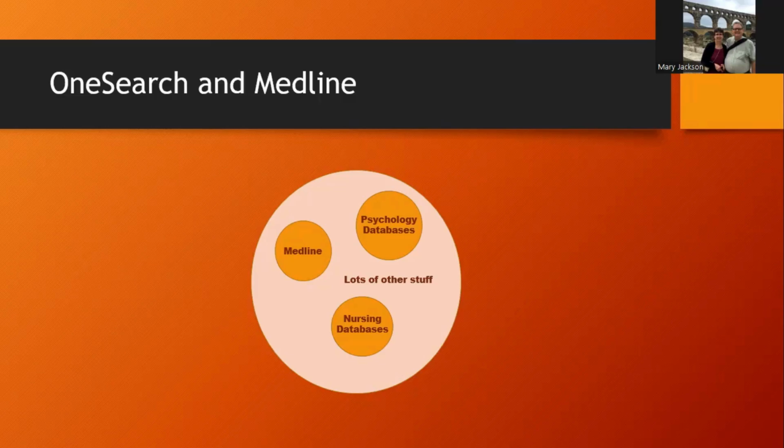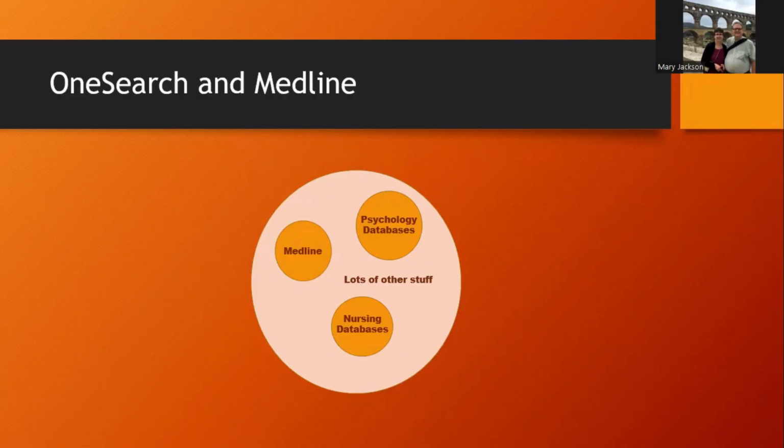The reason you should use OneSearch over just searching Medline is because many of your topics overlap in other disciplines. I've had PA students in the last couple of years do things about ADHD, about trauma, about all sorts of things that may relate to other disciplines.